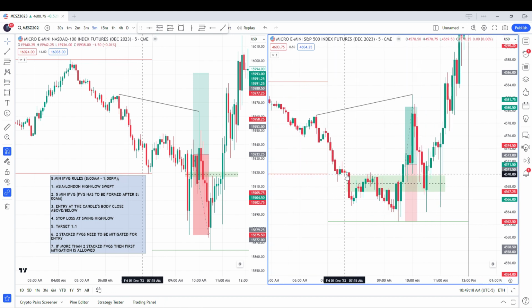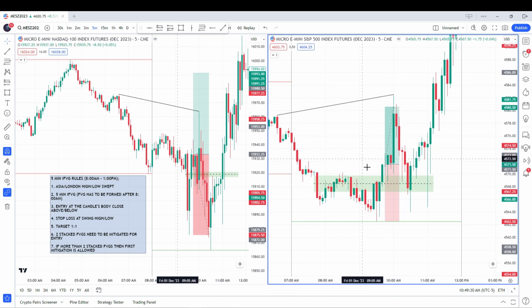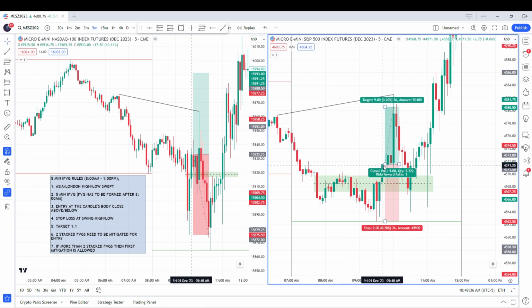London low, Asia low got swept, okay? And then we have this fair value gap. Once this inverted and this candle right here, on the 5-minute chart, closed above it, you enter in, well, I enter in, stop loss at the swing low, targeting 1R, okay?